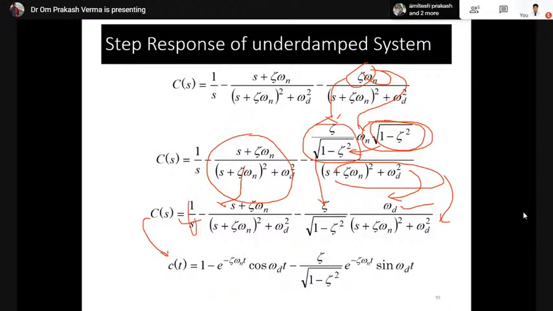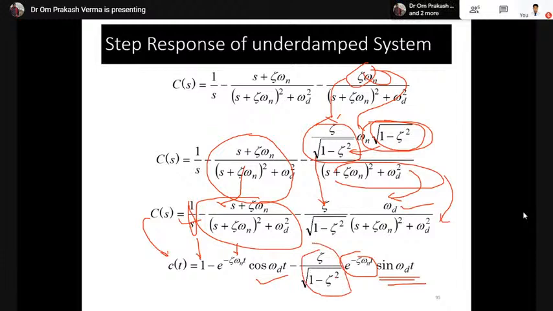So what is the Laplace inverse of 1 upon s? This is the unit step value, it's 1, and this is nothing but e to the power minus zeta omega n t into cos omega d t, right? And as I have discussed, a upon s square plus a square gives e to the power minus zeta omega n t into sine omega d t.